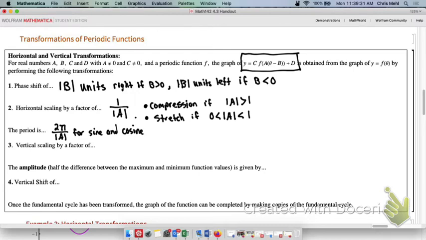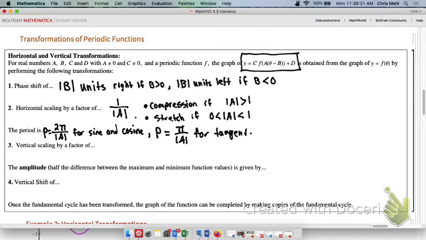And the period of the transformed function is going to be pi over the absolute value of A. And you know what? Let's write P equals on both of these for P for period. P equals pi over the absolute value of A for tangent.